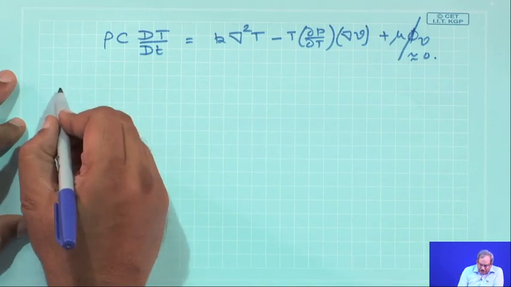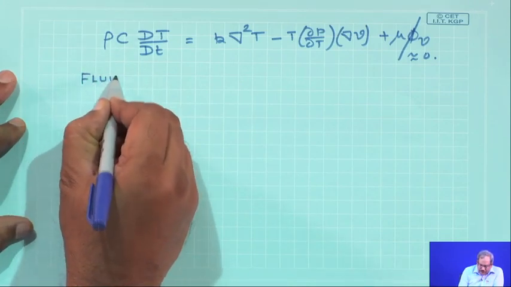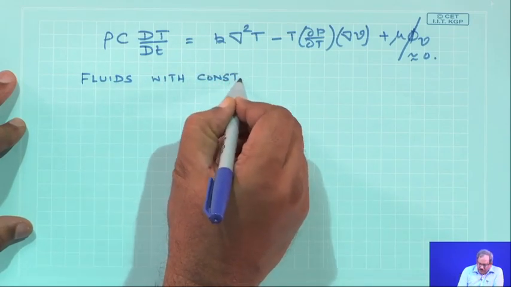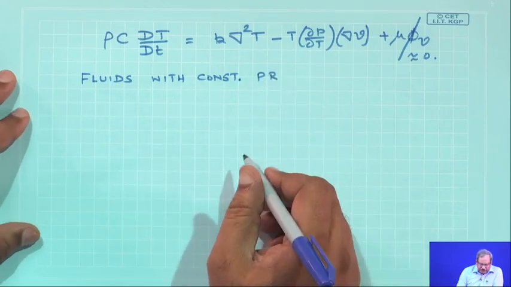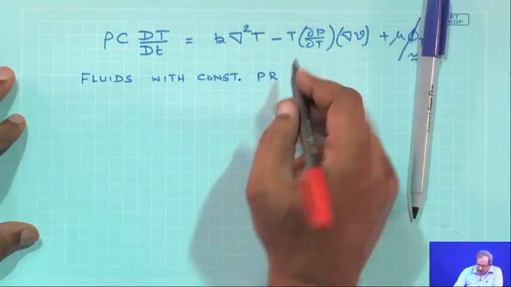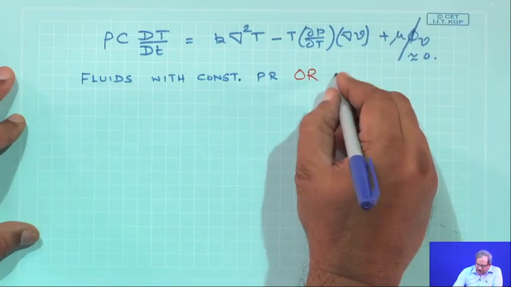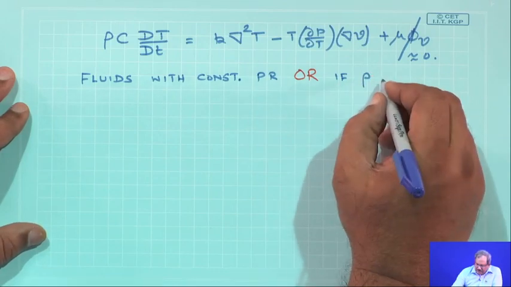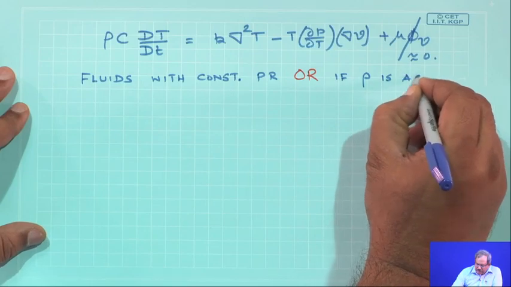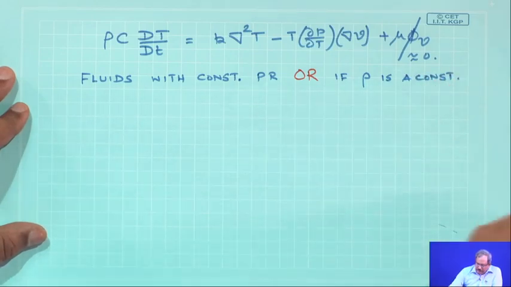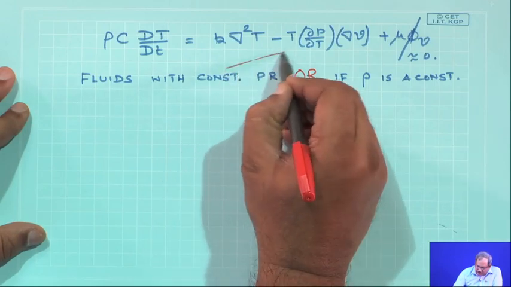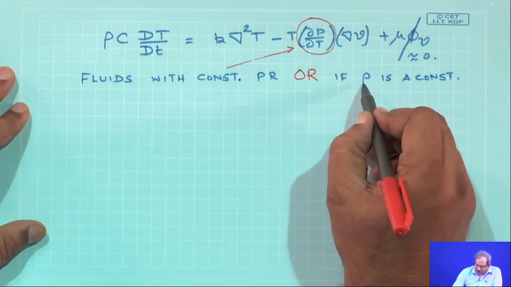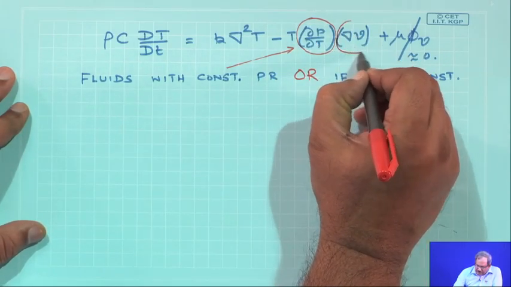Now, for fluids with constant pressure, which is a reasonable assumption in many situations, or if rho, the density, is a constant, then if the fluid is at constant pressure, this part is going to be 0, and if rho is a constant, then this part is going to be 0.